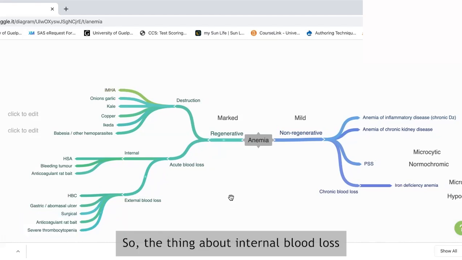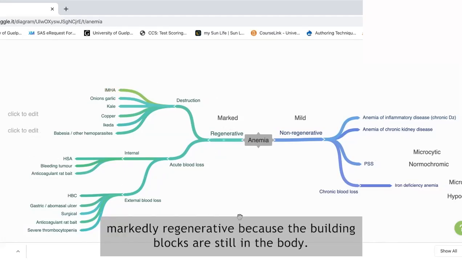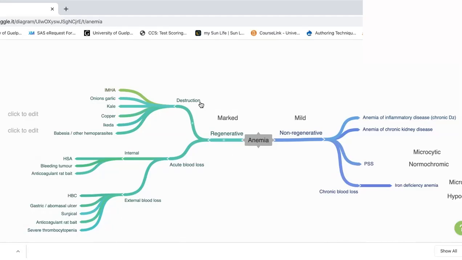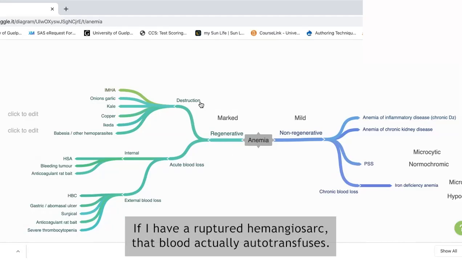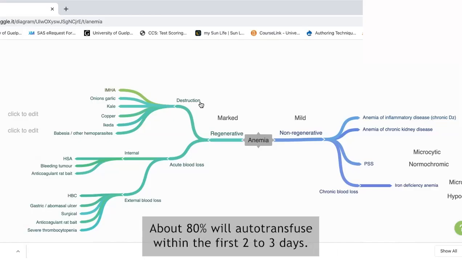The thing about internal blood loss is that these also tend to be markedly regenerative, because the building blocks are still in the body. So if I have a ruptured hemangiosarcoma, that blood actually autotransfuses. About 80% will autotransfuse within the first 2 to 3 days.